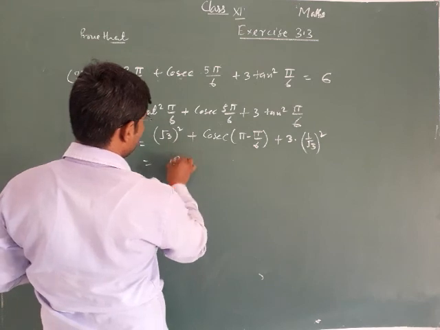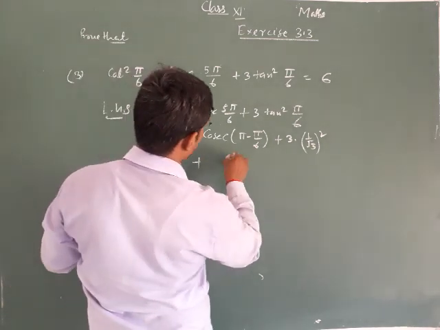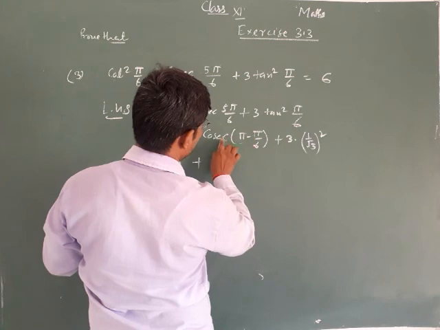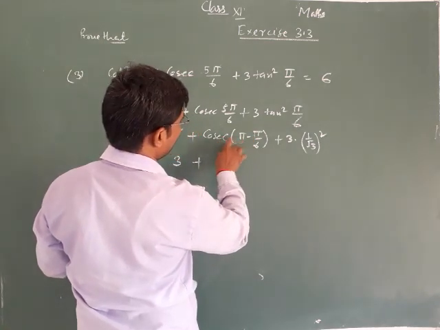So this is 3 and plus cosec (π minus θ), so no change.